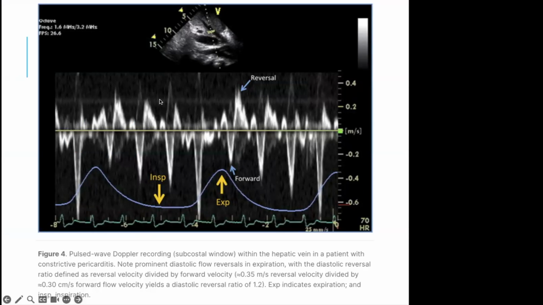We can see here that, again, with the respirometer attached, we can see how flow varies with both inspiration and expiration. With expiration, we can see that diastolic flow is increased, where forward flow is reversed in diastole.